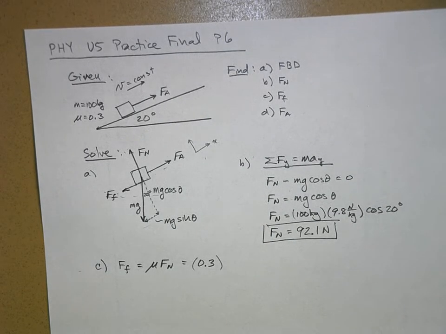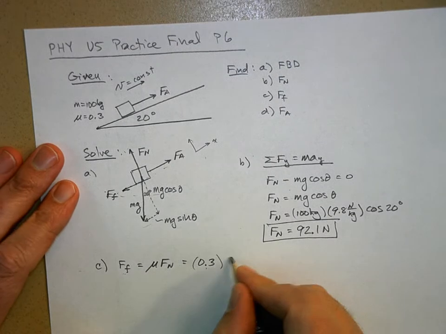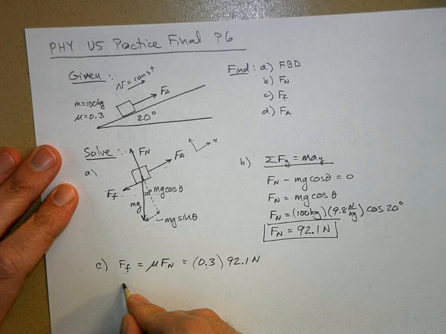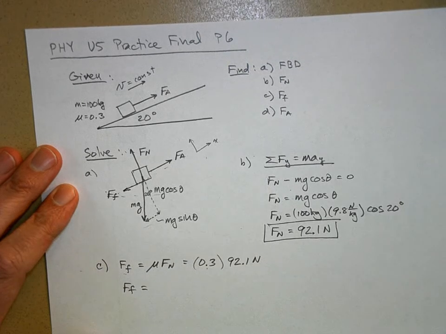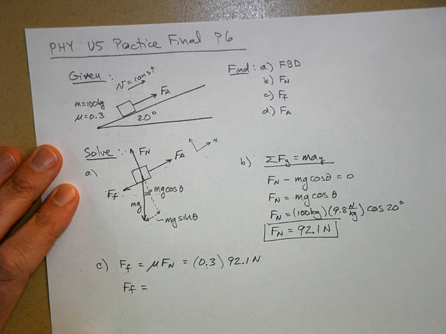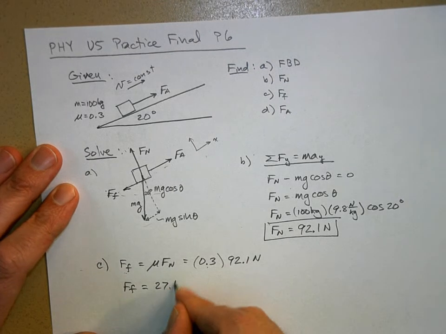No, no, no. The coefficient of friction tells you what fraction of the normal force will be the force of friction. In this case, the force of friction will be 30% as big as the normal force. So times 0.3, I get 27.6 newtons.